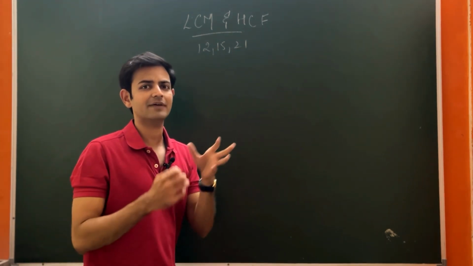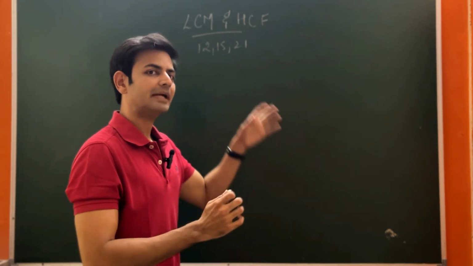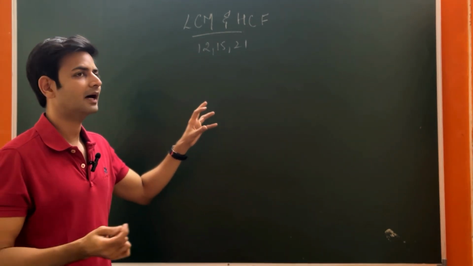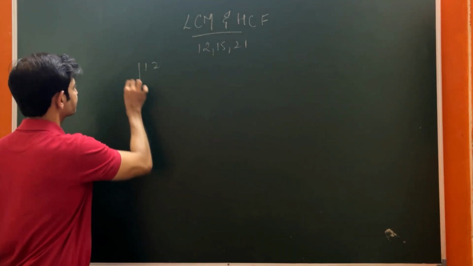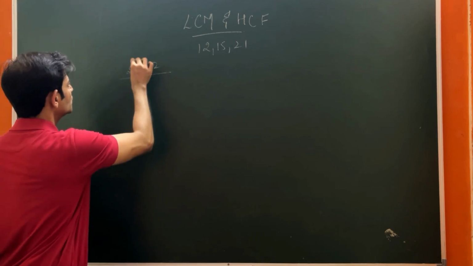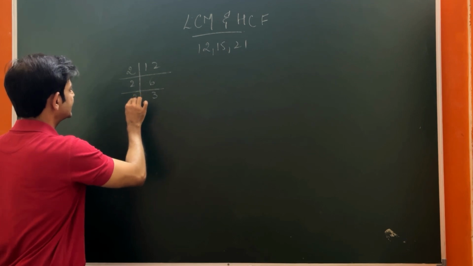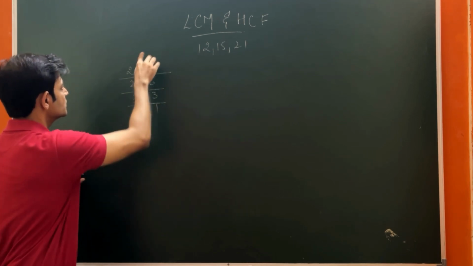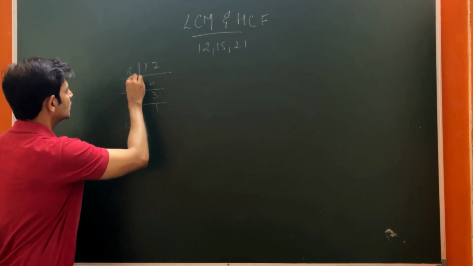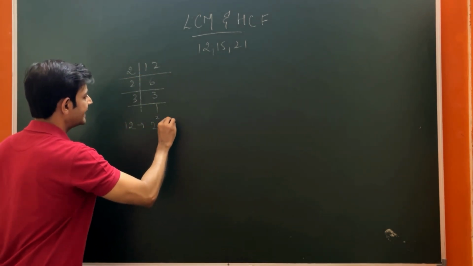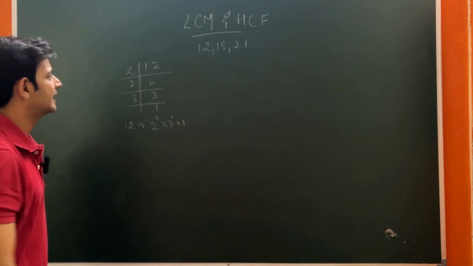Previously we solved for LCM with the prime factorization method. Now in this case also we'll do the same thing, but we'll do them separately. 12 is 2, 6, 2, 3, 3, 1. So I can write 12 as 2 square into 3 to the power 1 into 1.